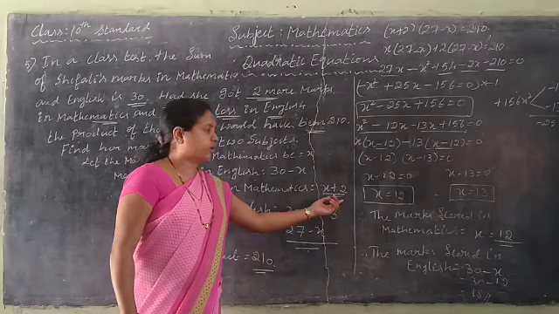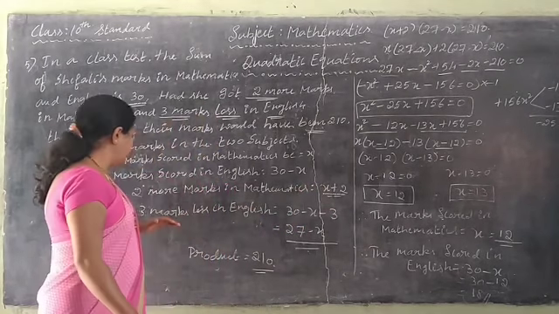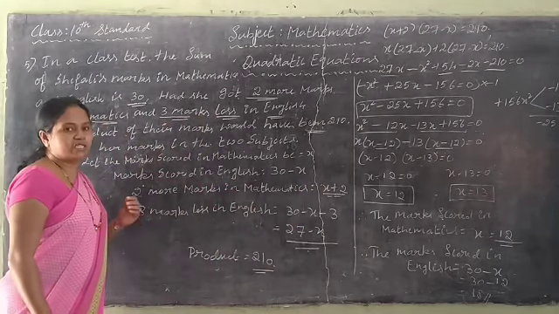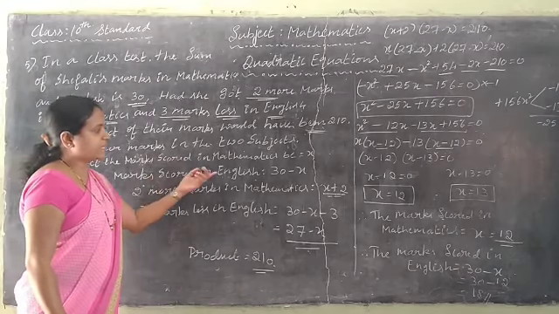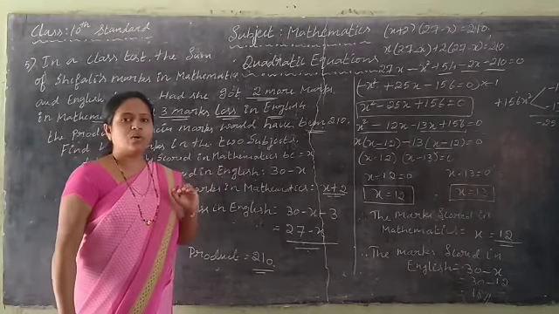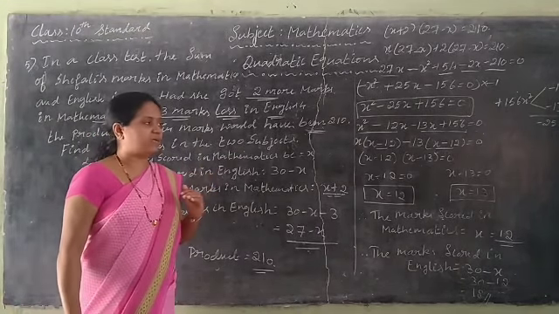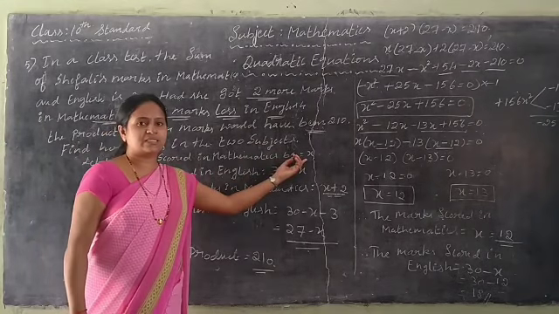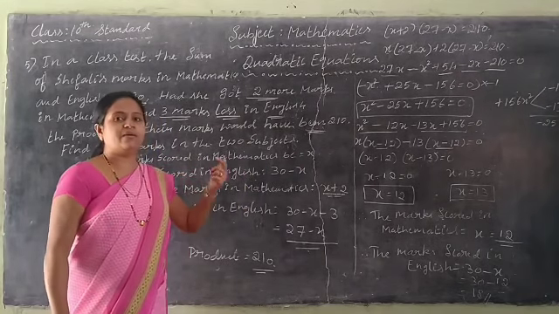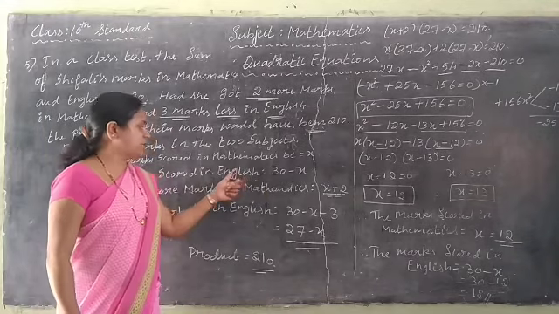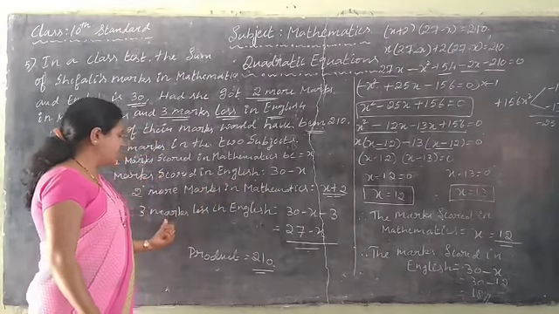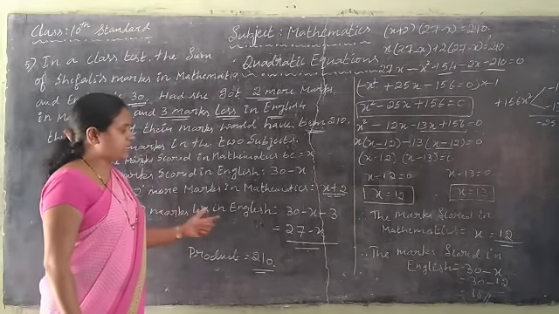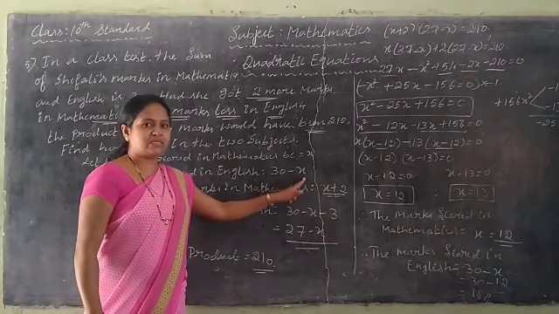In the same way, they are telling 3 marks less in English. English we have taken as 30 minus x, because the sum he has given is 30.